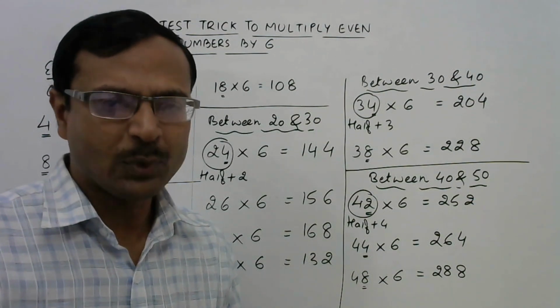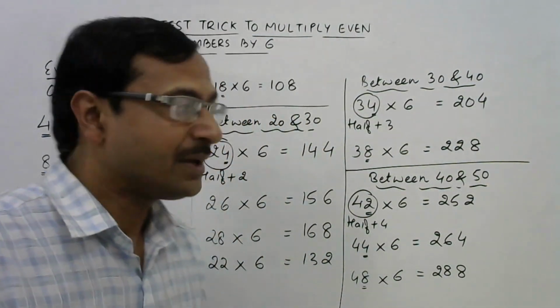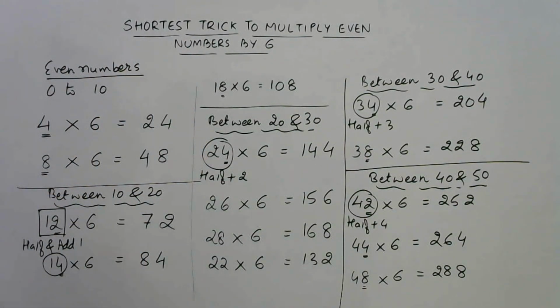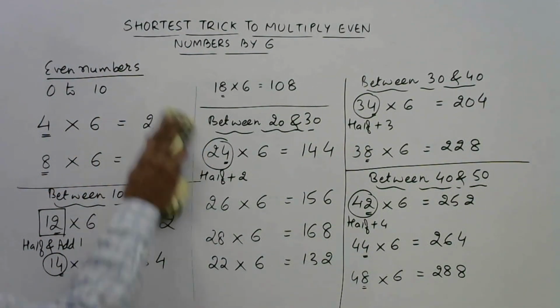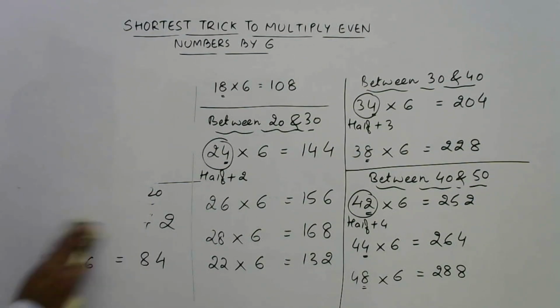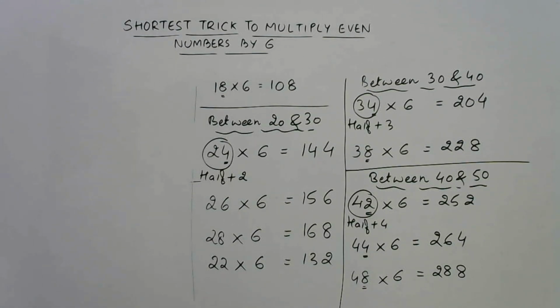Let's take some more examples in which I will be dealing with numbers beyond 50. Let's have the examples of one number in 50s, then one in 60s, 70s, 80s and 90s, and then you can generalize.